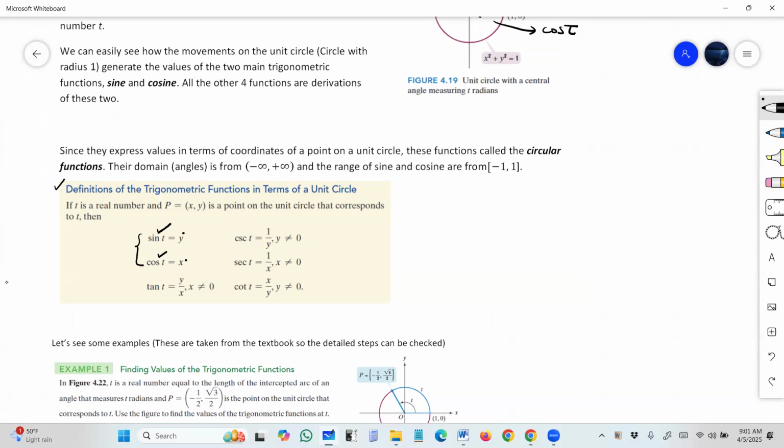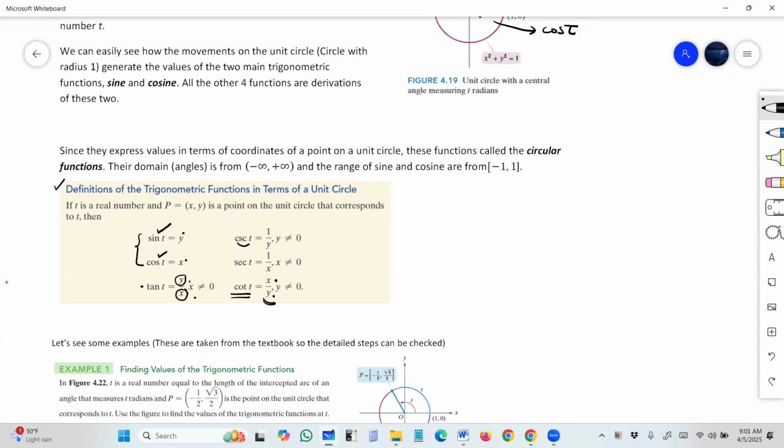And then we have the derivations. The first one is the tangent, which is the Y coordinate divided by the X. We have the cotangent, that is the reciprocal. Tangent is Y over X, cotangent is X over Y, obviously provided that Y is not 0.